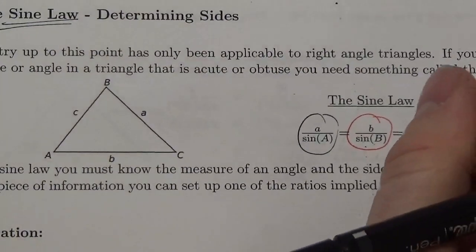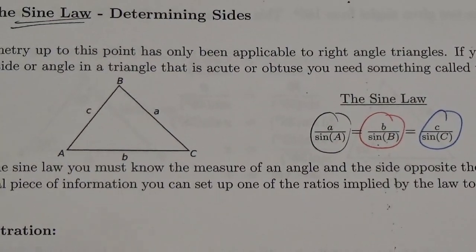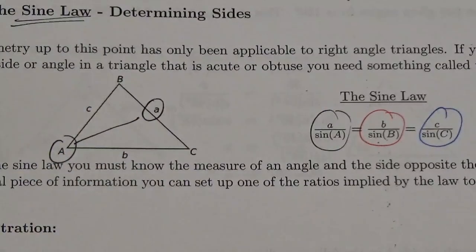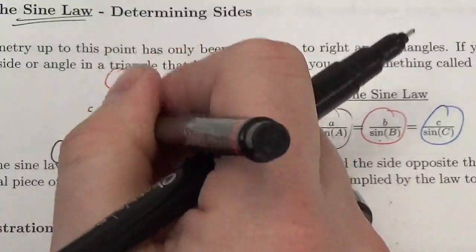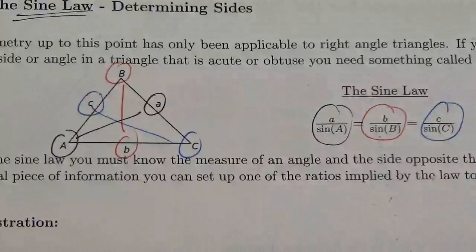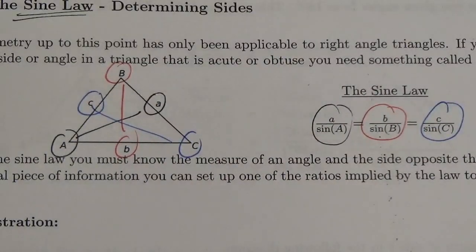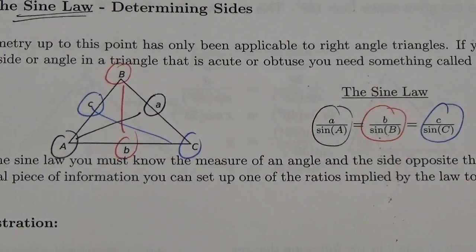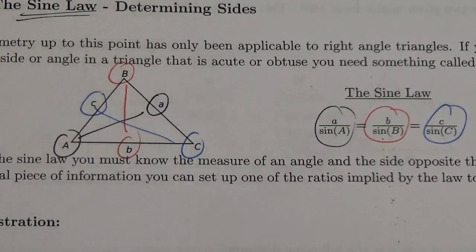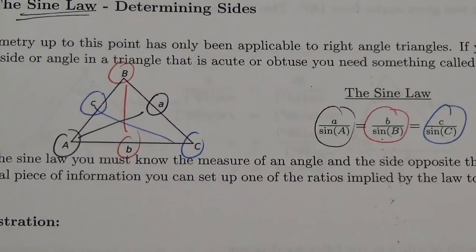If you don't, then you can't do it, which means you have to have little a and A, or little b and B, or little c and C. You've got to have one of those pairs in order for this to be a sine law problem, or at least I have to be able to find that pair before this can be a sine law problem. That being said, let's take a look at some examples of how you would use the sine law to figure out the length of a missing side in a triangle.